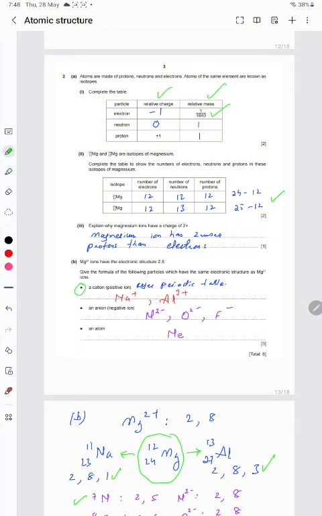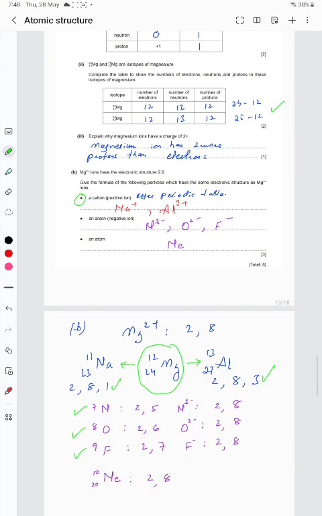The cation, they have explained that cations are positive ions. So the 2 positive ions which have the same structure as Mg2+ are Na+ and Al3+.